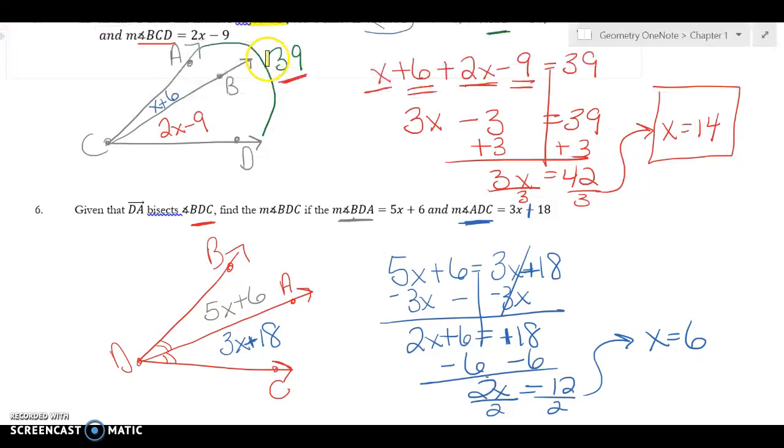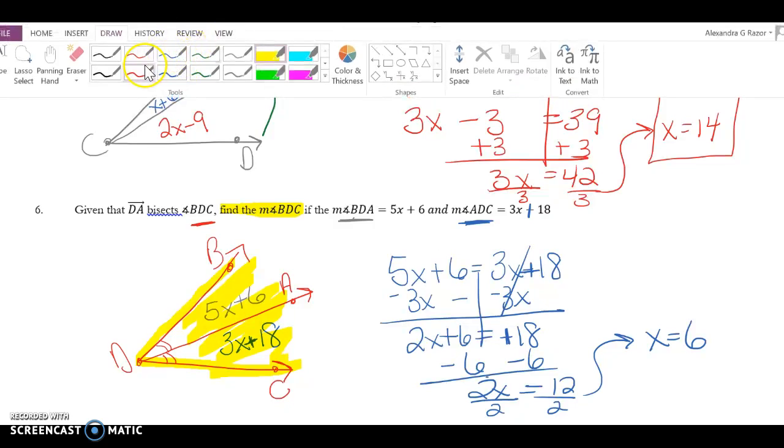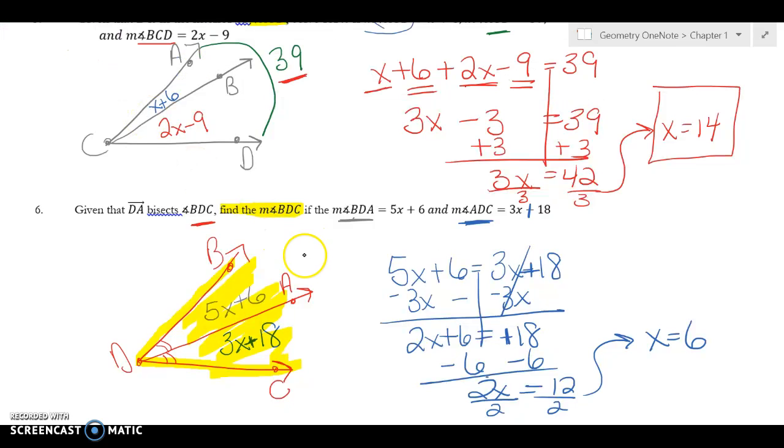Let me get my highlighter. Now the problem is I don't see anywhere where it says solve for x. It says find the measure of BDC. Well, BDC is this whole thing. So I need to find that whole thing. Well, you know what x is. So instead of x, I'm going to write a 6.